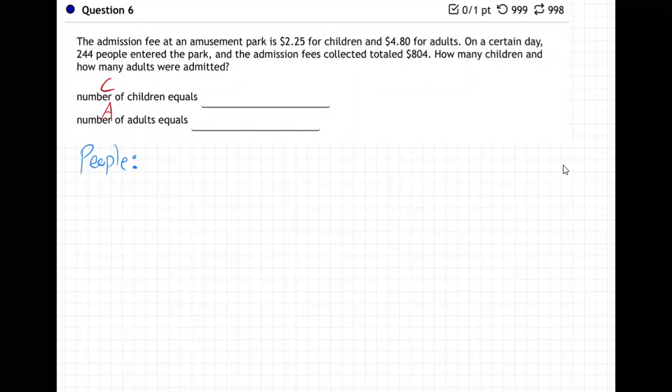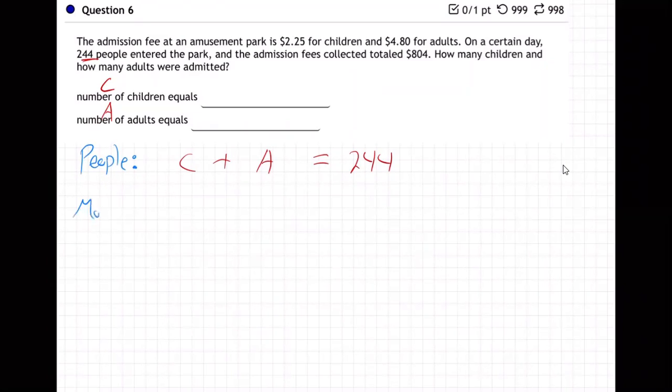So the people equation is number of children plus number of adults equals 244. Does that make sense? Just 244 total people.